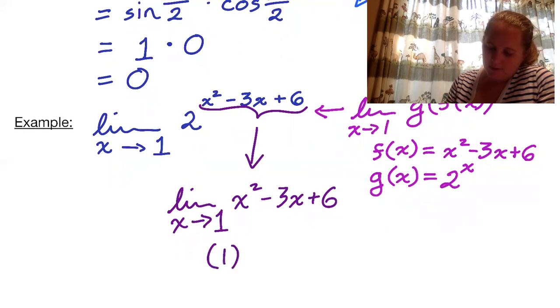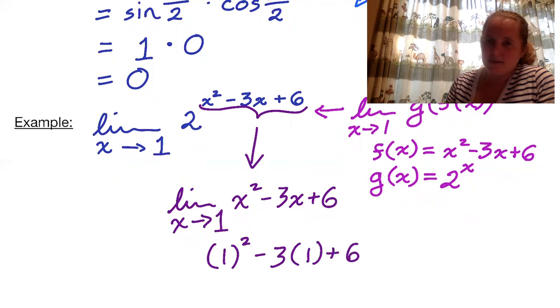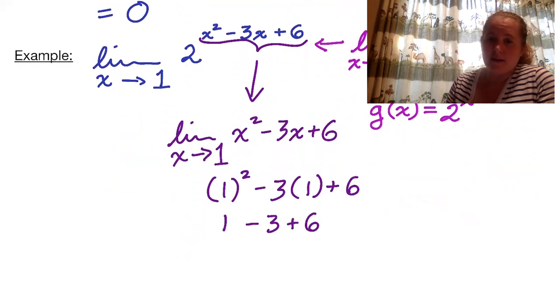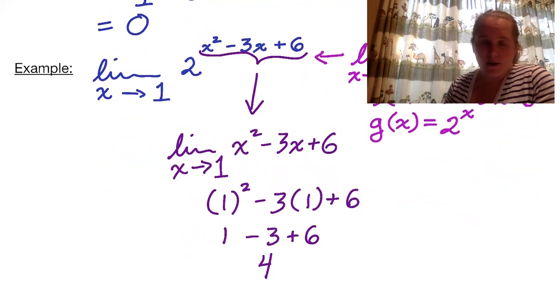So we do 1 squared minus 3 times 1 plus 6, or 1 minus 3 plus 6, and we wind up getting 4. So that inside part is going to 4.